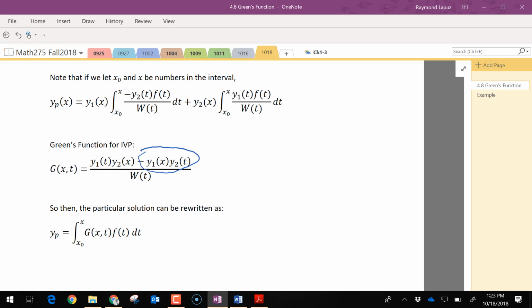But I don't know, that might be more confusing than it's worth. And it's not like you have to remember this formula anyway, because you'll write it down in your sheet of notes.